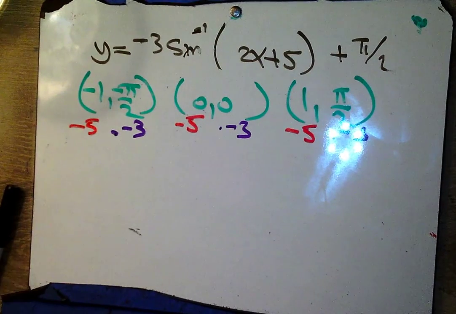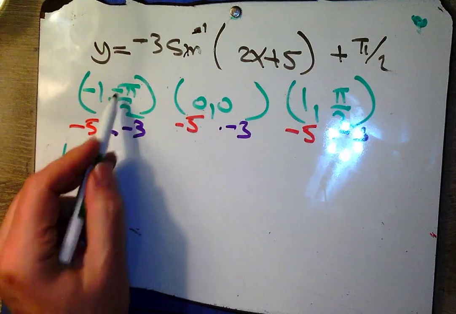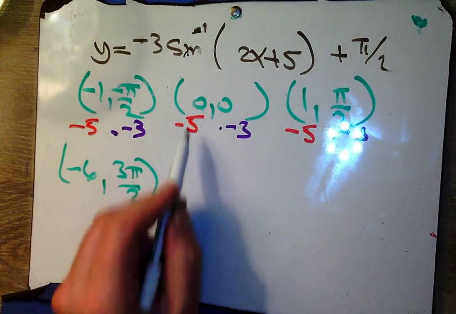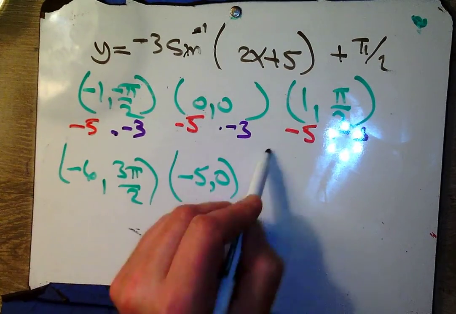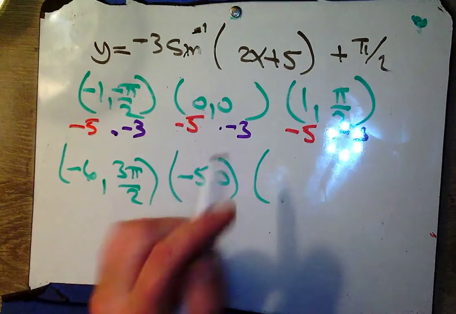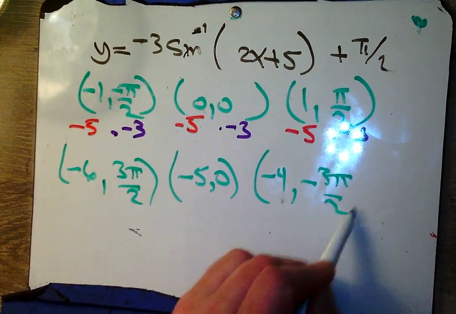This is going to bring me to -6. Negative times negative is positive, 3 pi over 2. I've got -5, 0, and I've got -4, -3 pi over 2.